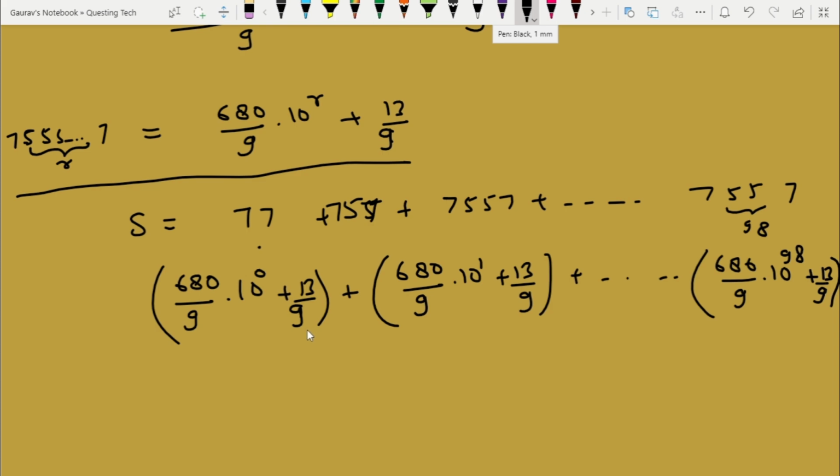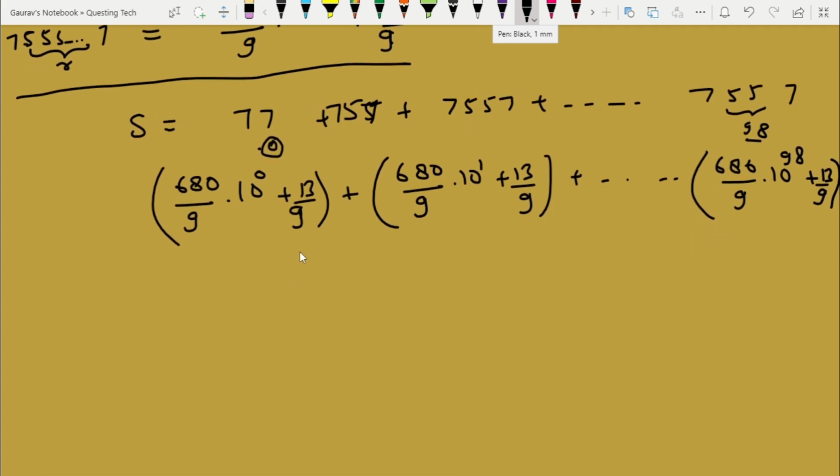So how many times is this 13 by 9 coming? It is starting from 0 and going till 98, so the number of terms is 99. So this 13 by 9 is coming 99 times. Every time we need to add 13 by 9, and it is going till 99 terms.